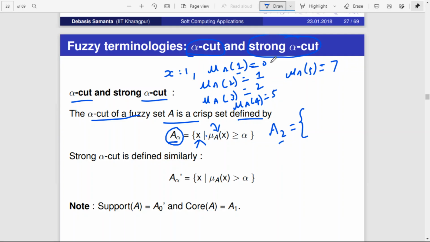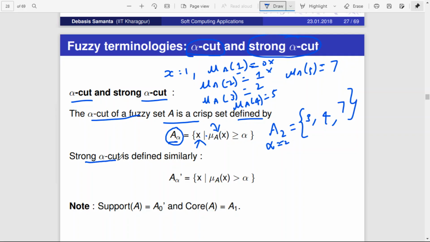In this example, x equal to 1 is not greater than or equal to 2, so we cannot take it. When x is 2, the value is 1, which is not greater than or equal to 2. When x is 3, the value is equal to 2, so you take this 3. For x equal to 4, is it greater than or equal to 2? Yes, so 4. When x is 5, is the membership value greater than or equal to 2? Yes, so take this. These are the values which come under the alpha cut. Here the value of alpha is 2. So this is called alpha cut.